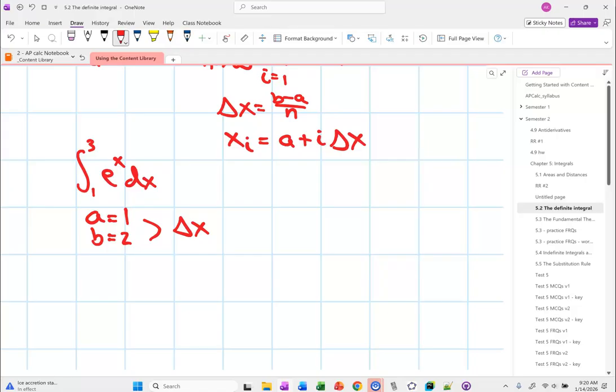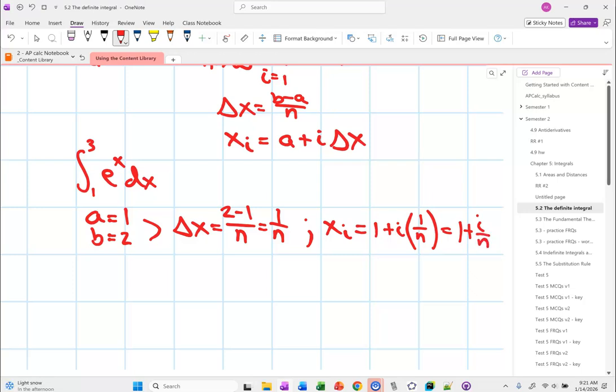So delta x should be 2 minus 1 over n, or just 1 over n. And x sub i should be 1 plus i times 1 over n, or 1 plus i over n.